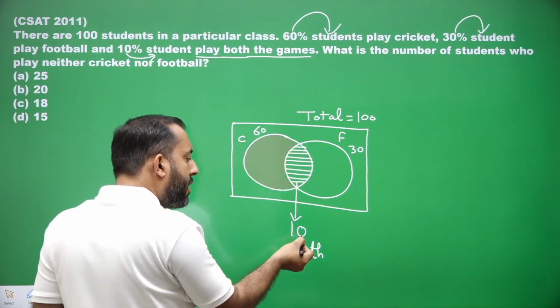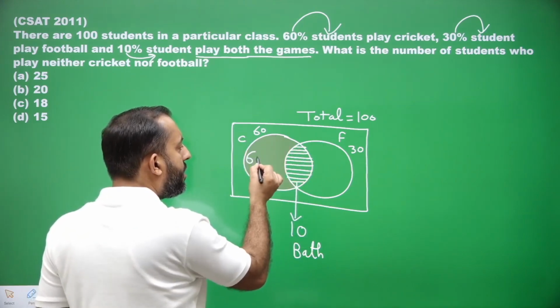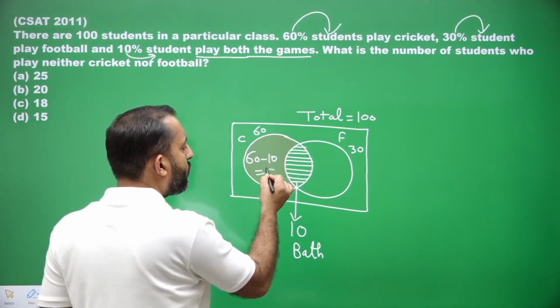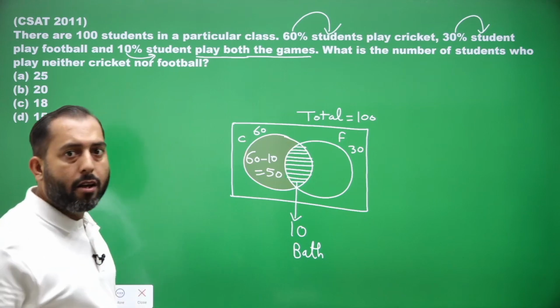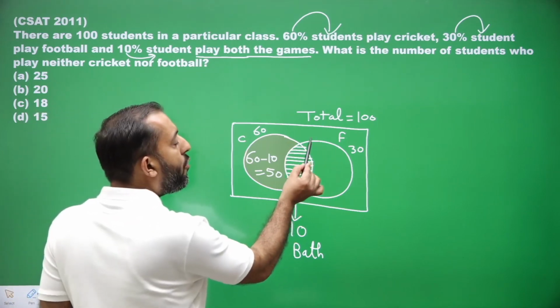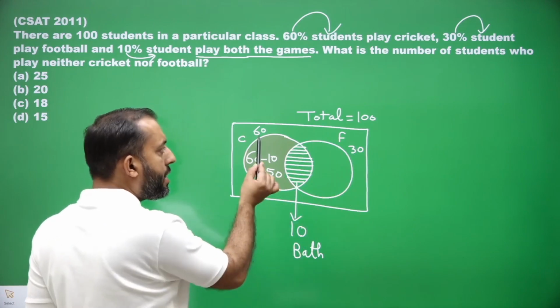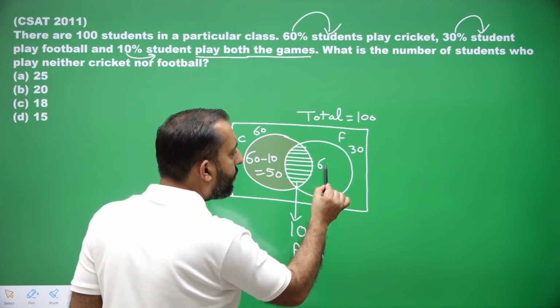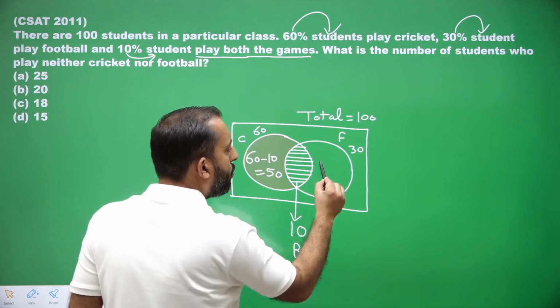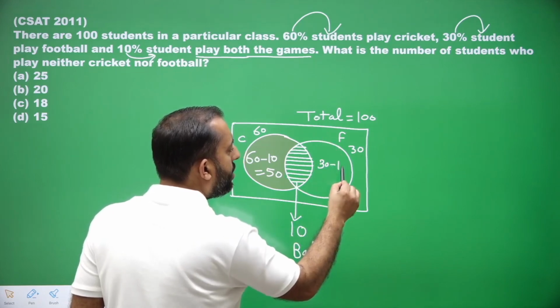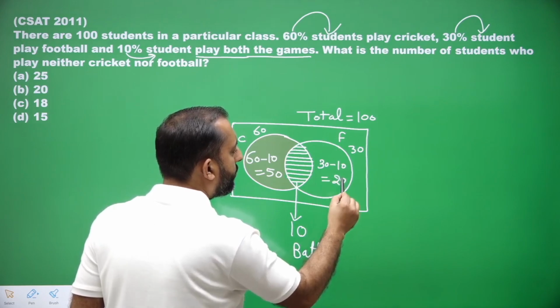So out of 60, 10 were playing football also. This remaining region is 60 minus 10, that is 50. Now, the complete value of the circle of football is 30. Out of 30, 10 are playing cricket also. So the remaining part of the circle of football is 30 minus 10, that is 20.